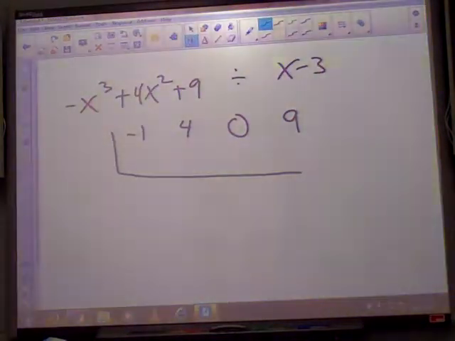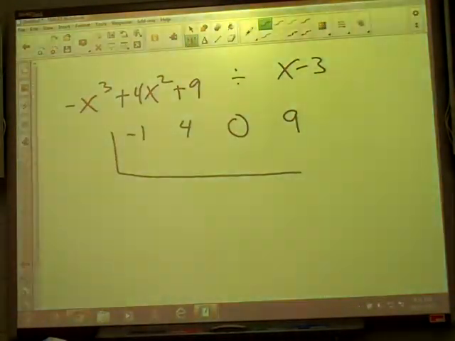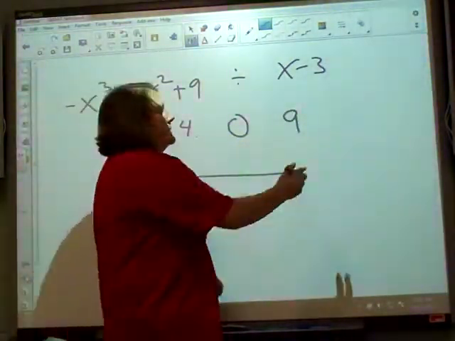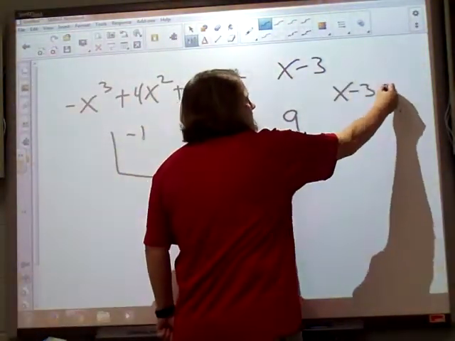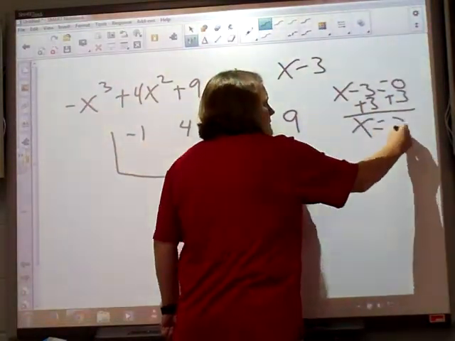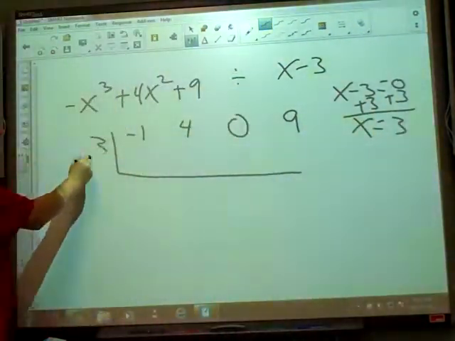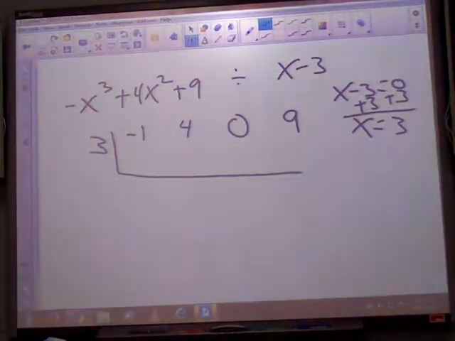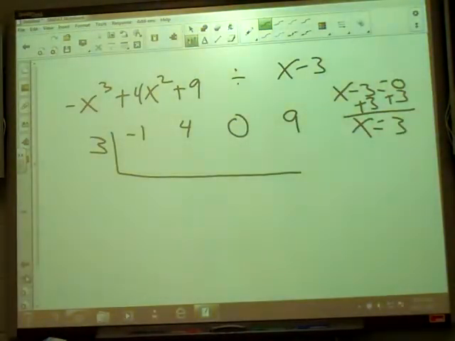It's new. It does look funny. Now, what I put outside the box is I take what I'm dividing by, set that equal to 0, and solve. That'd be 3. You put that 3 outside.